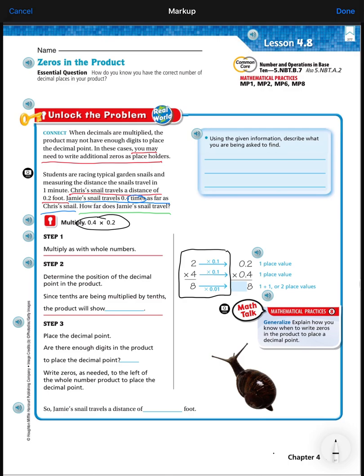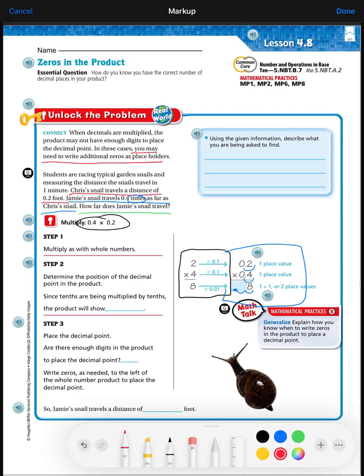It says to determine the position of the decimal point in the product. So we can look over here, and I'm going to use blue. We can look over here at this problem, and we can see that the decimal point has to move 1 spot, 2 spots, okay? So we know that we're going to have to move the decimal point 2 places, okay? To place the decimal point, we're going to take our answer here and go 1, 2, that's where our decimal point would be.